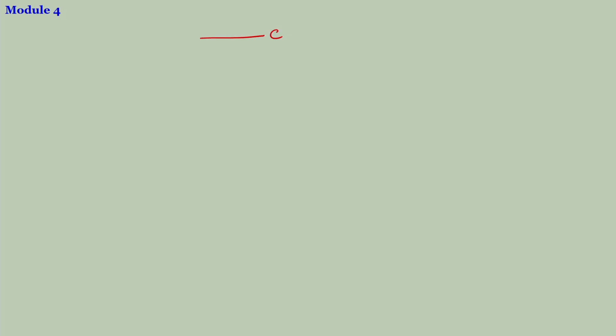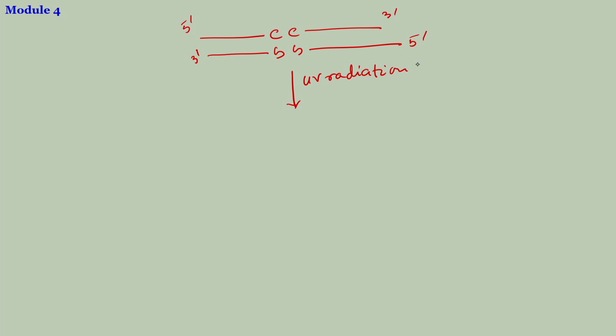So, for example, let us take 5 prime to 3 prime, a CC sequence, opposite to it has GG, that is the normal sequence in the gene double helix, 3 prime to 5 prime. Now, you have irradiated with the UV radiation, and let us say you have formed the CPD lesion here first.